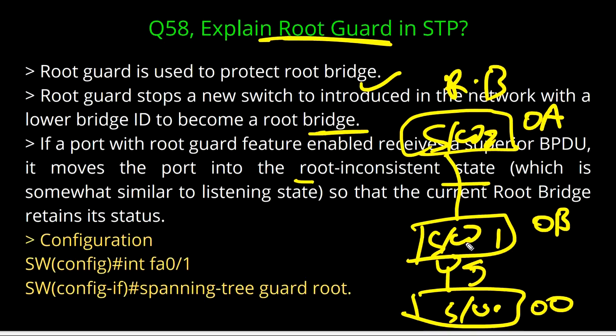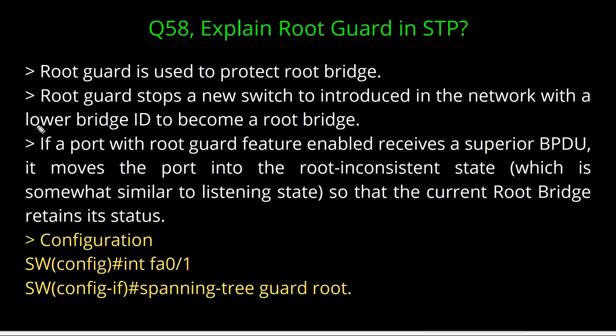When this switch receives this BPDU, it will come to know that this switch is the root bridge. This switch will become the root bridge because it has the lowest bridge ID, or the lowest root bridge ID. Am I right? So to stop these things, if a port with the root guard feature enabled receives a superior BPDU, it moves the port into the root inconsistent state.